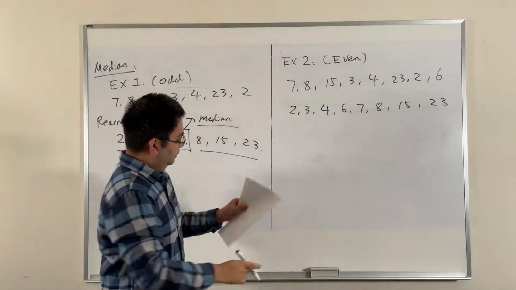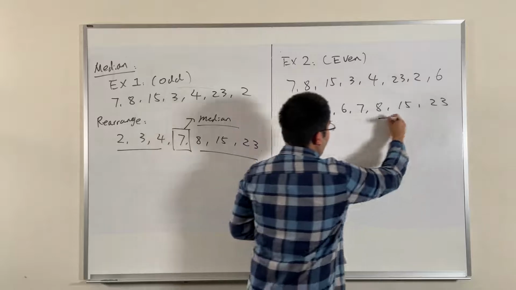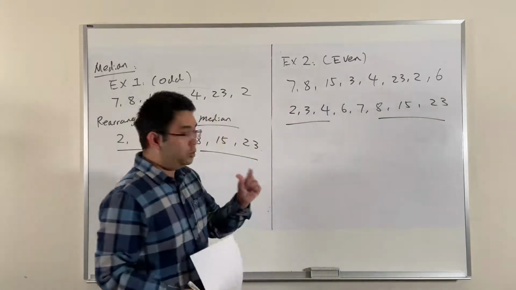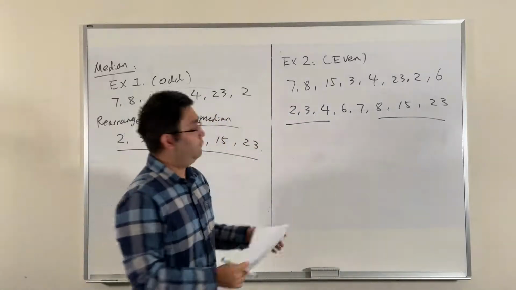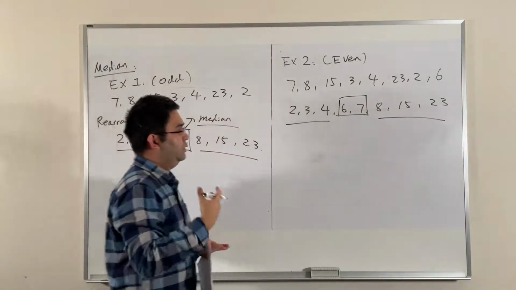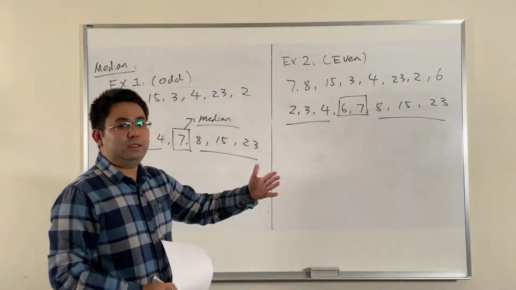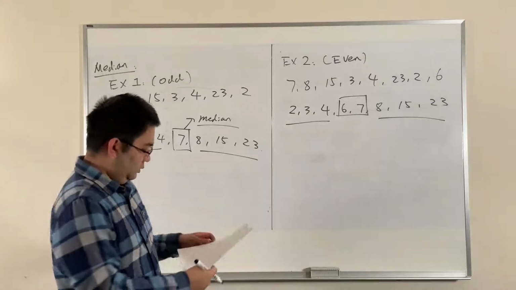As you can see, let's count 3 from the left and 3 from the right. In the middle, there are 2 numbers, 6 and 7. So which one should be your median? By convention, you just take the average of the 2.